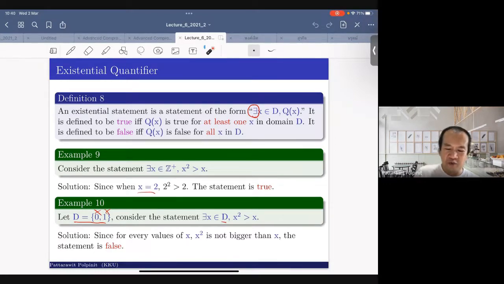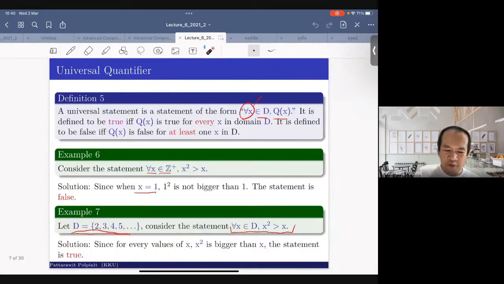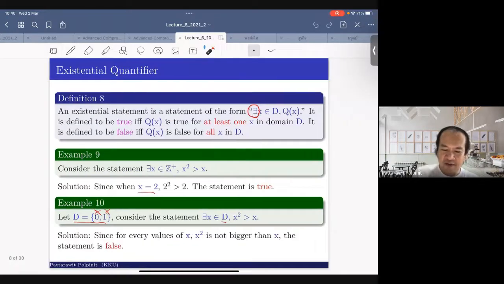The existential statement is similar to the universal statement, but the truth value is a little different. A universal statement is true if every x in the domain D makes it true, and it is false when at least one x in the domain D makes it false. An existential statement is true if at least one x in the domain D is true, but false if all the x are false.